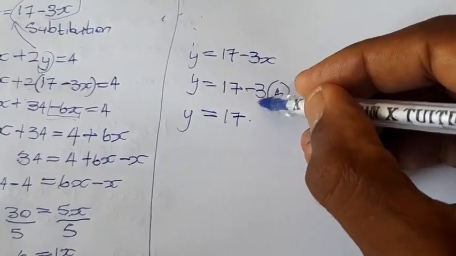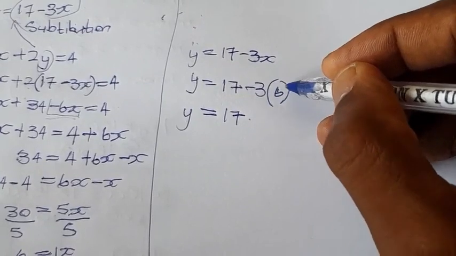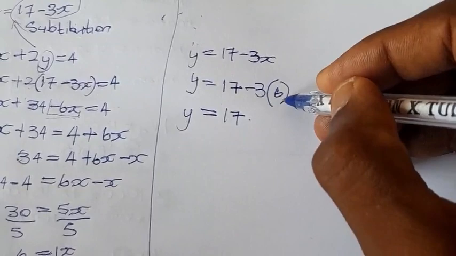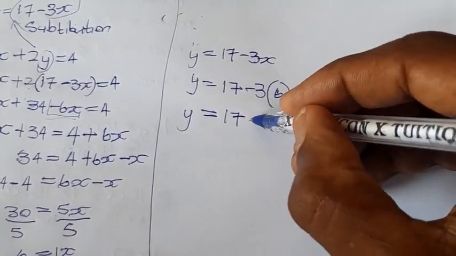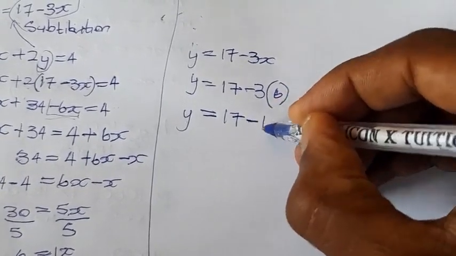Everything outside the bracket multiplies everything inside the bracket. 3 times 6 gives us negative 18.